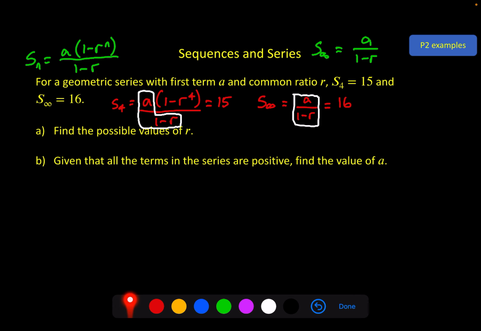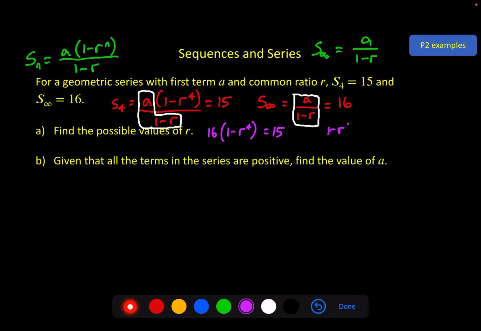Although you could have made it work, it's a bit easier to see how these connect by using this formula. So I can substitute a over 1 minus r with 16, and I can do that here. So the equation on the left becomes 16 times 1 minus r to the 4 must equal 15. And then I can rearrange this.